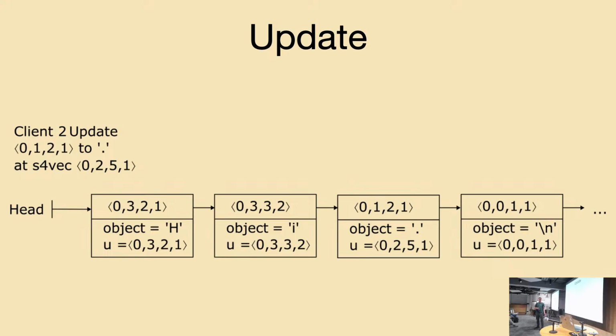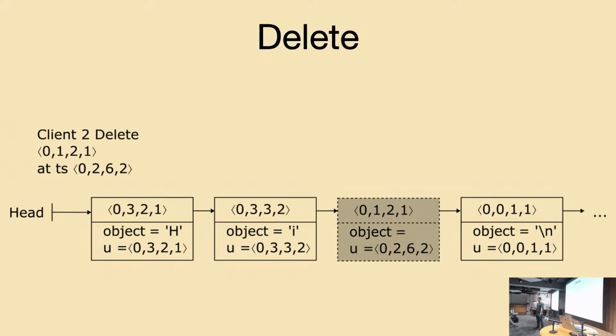And then last but not least, the delete is basically the same thing. The trick about the delete is you always need to keep the objects still inside your list. Why? Because it can happen that somebody said, well, 10 operations ago I wanted to insert my node after this node.